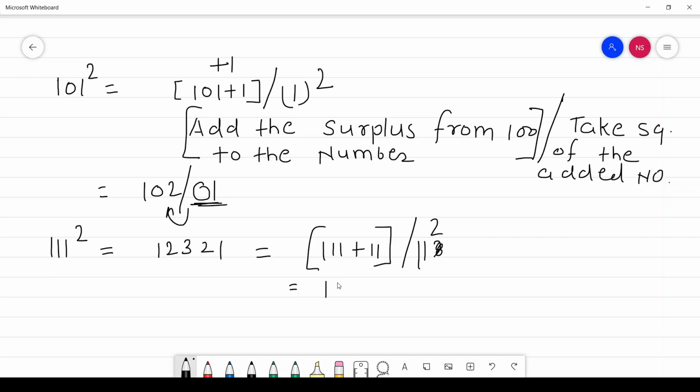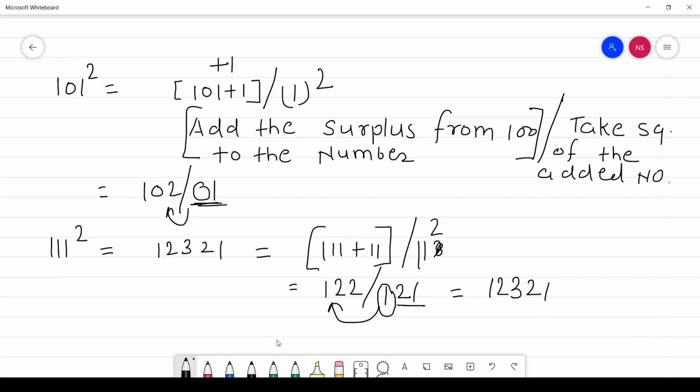So it is 122 and the square of 11 is 121, and what our rule says, we must get only 2 digits on the right hand side, but here we are getting 3 digits. So this third digit will be the carry which we will add to the left hand side. So our answer will be 12321.